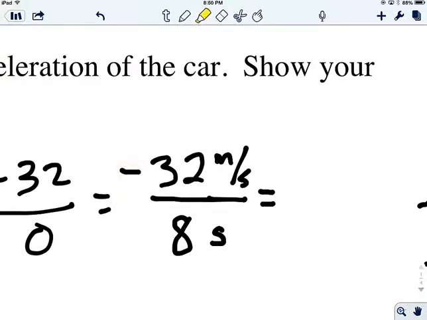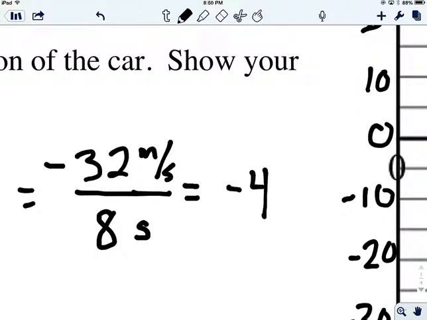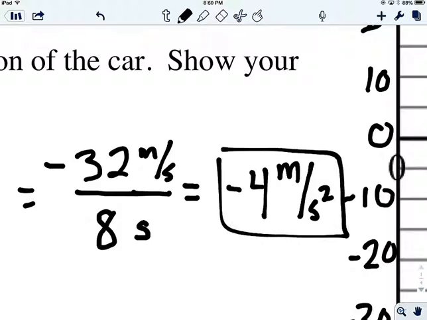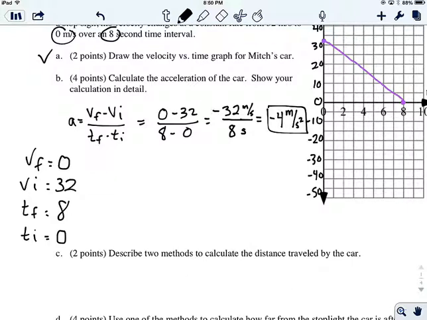Don't forget that negative. So negative 4, and that's meters per second squared. Negative 4 meters per second squared. All right, nice. So we can check off B.